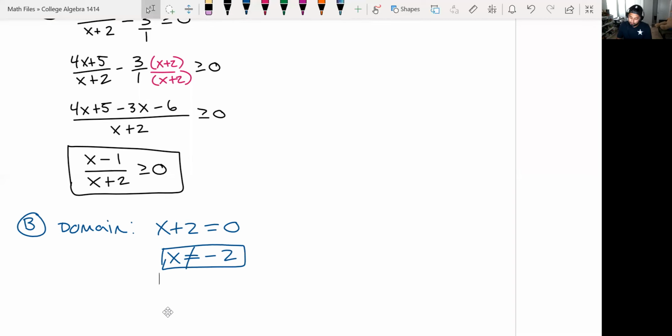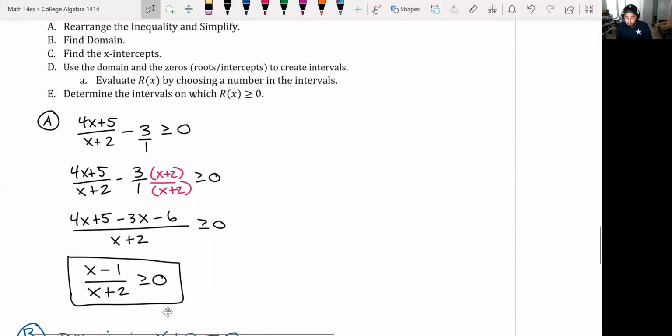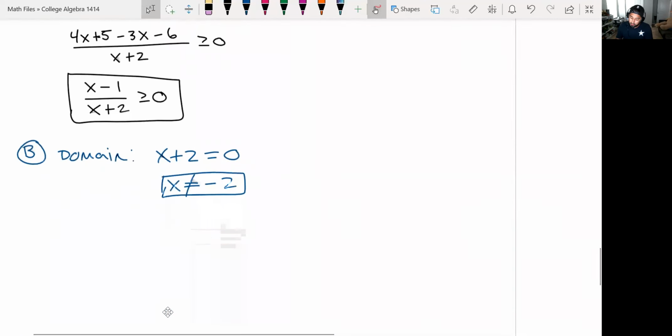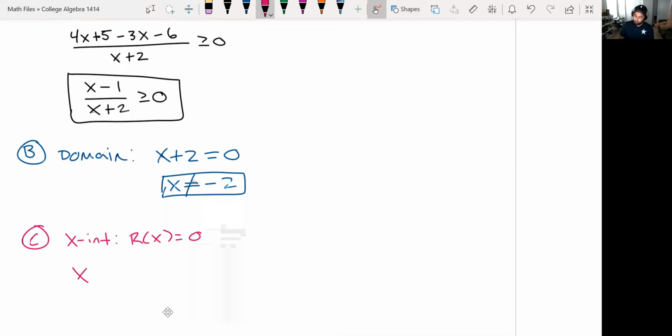There's the domain. That's B. C, find the x-intercepts. Well, remember from graphing rational functions that x-intercepts come from the numerator. So for my x-intercept, when you set the rational function equal to 0, we take the numerator, set it equal to 0, and solve for x. So x equals 1.